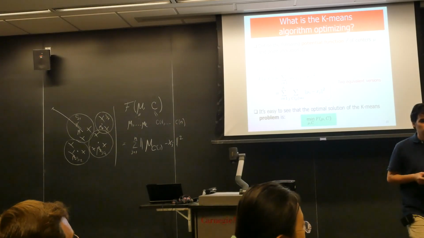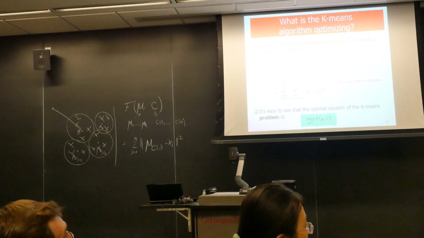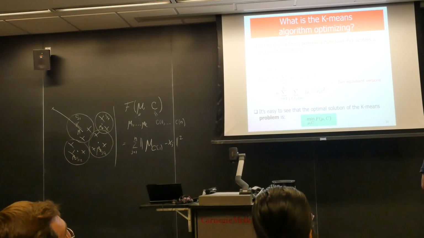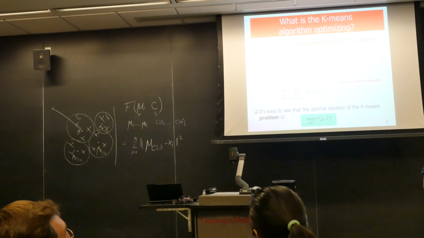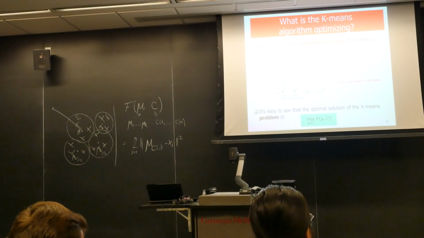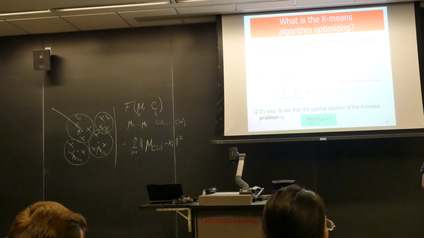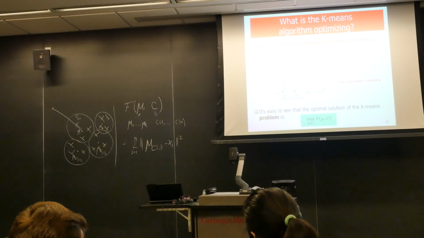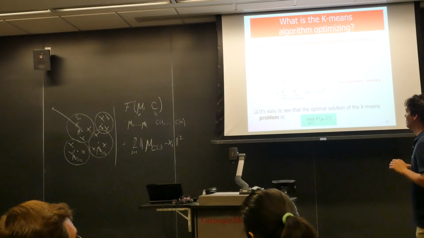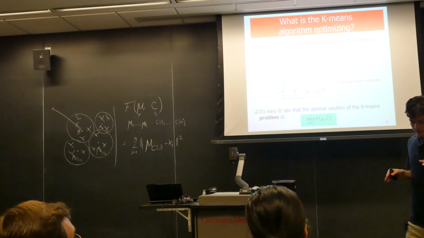We can show that the objective function itself is convergent, but how can we show the sequence of mu and c itself is convergent? It's possible that I make a permutation of the cluster labels and the objective function does not change, but the sequence of the partition and mu may change. The proof does not show it's convergent.